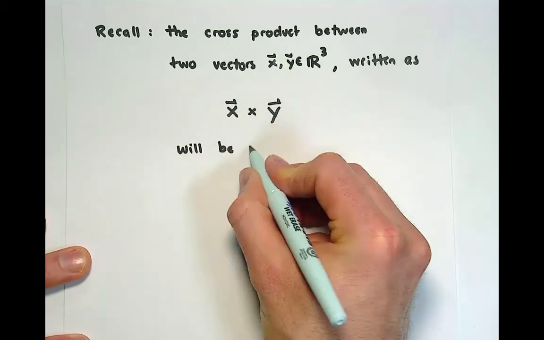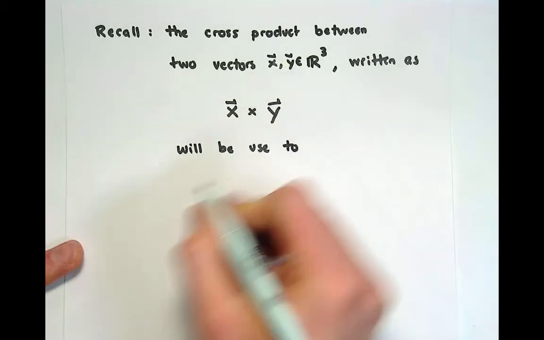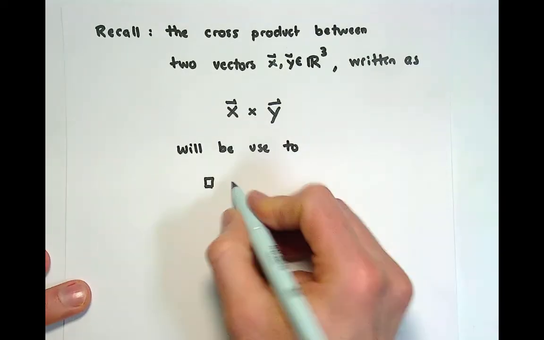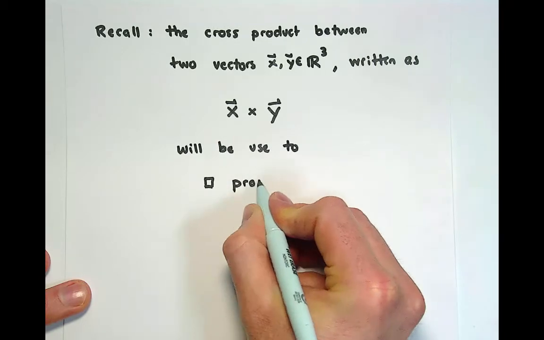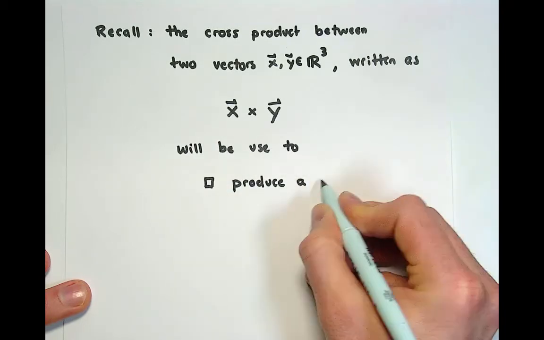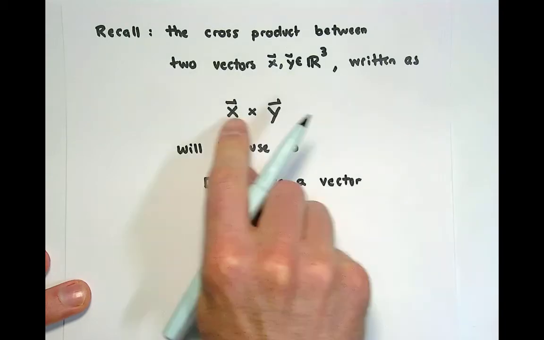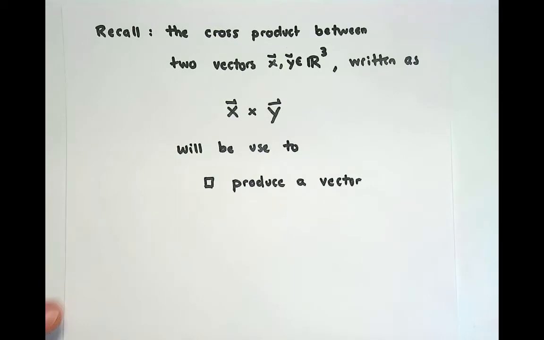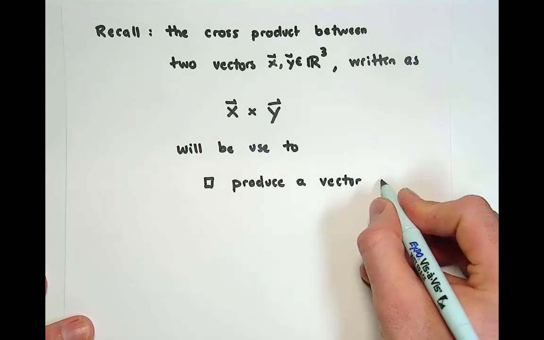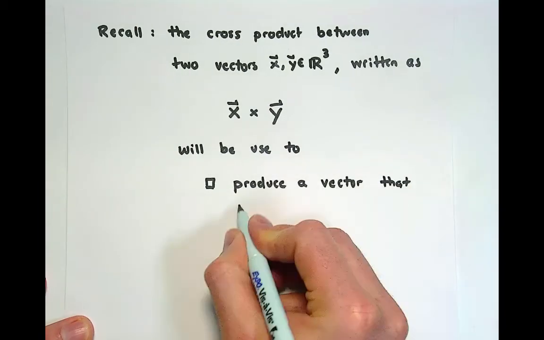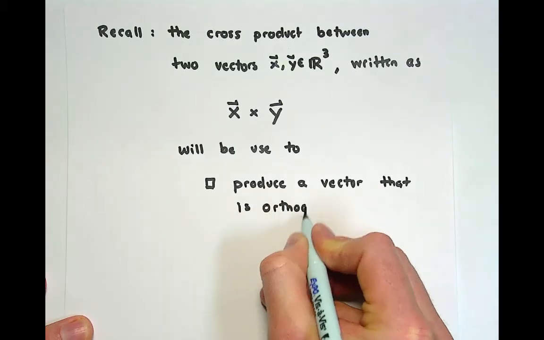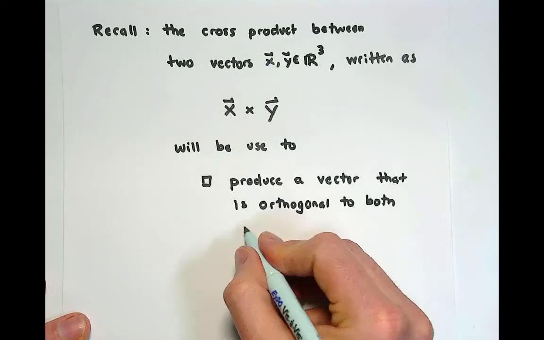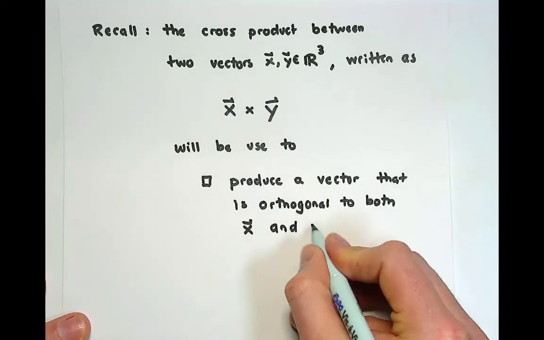And we said that it will be used to do two things. Produce a vector, which we just named this vector. Remember, this thing is a new vector that is orthogonal to both x and y.